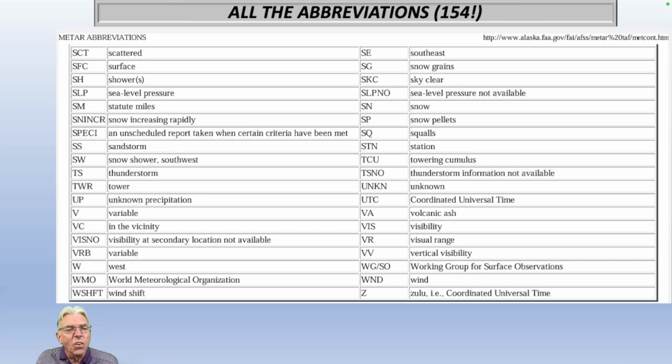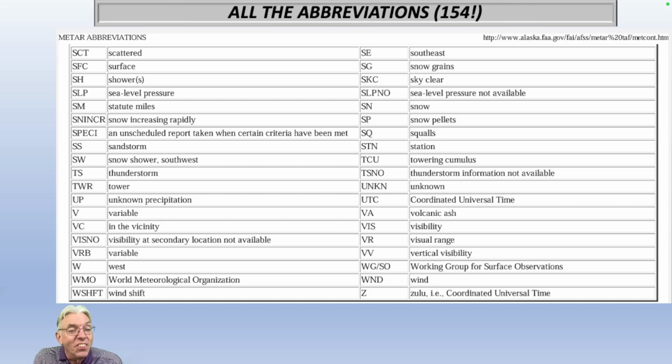Okay? And you can see, like here, that SCT is scattered. We already talked about that. SFC is surface. SH is showers. SLP is sea level pressure. SM is statute miles. Over here, SN is snow. SP is snow pellets. SQ is squalls. STN is the station. VA, volcanic ash, and on down the list.